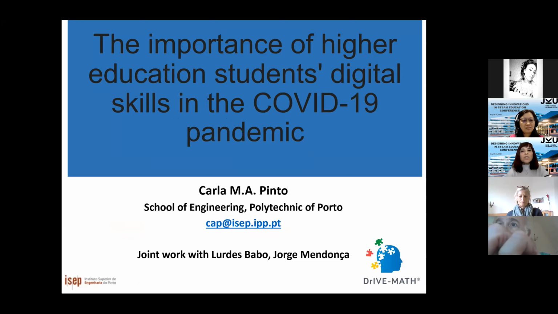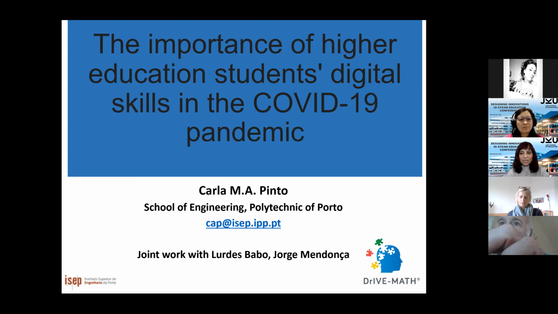I'm also a researcher at the Center for Mathematics of the University of Porto. Since March last year, we, as everyone else in the area of education, suffered major drawbacks with the COVID-19 pandemic. And so we all had to go to teach online, to this emergency remote teaching.